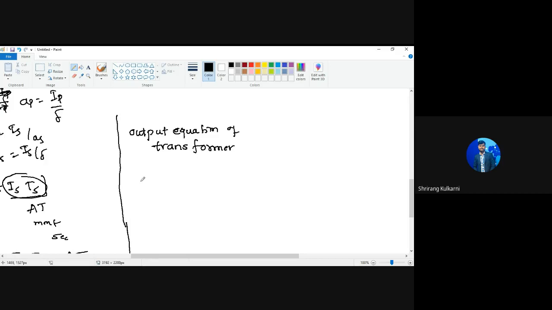So the output equation, in terms of what is it? It is nothing but the rating. It will give the rating information. We tell the transformer rating in terms of KVA, kilovolt ampere. So to get the output equation we need voltage and current.